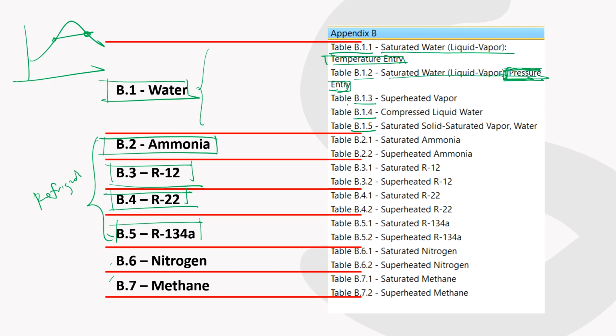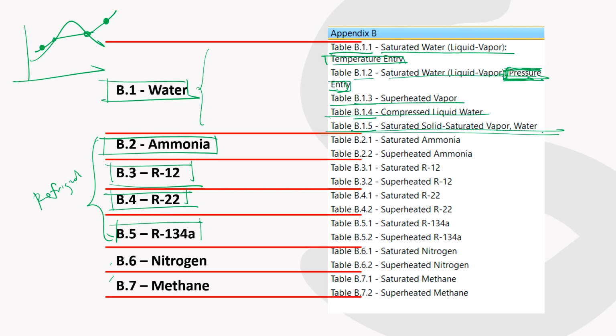For B.1.3, it's for superheated vapor. That means it's for this condition. Then compressed liquid means it's for this condition. Then there's also saturated solid, saturated vapor for water, so it's just additional tables for water.